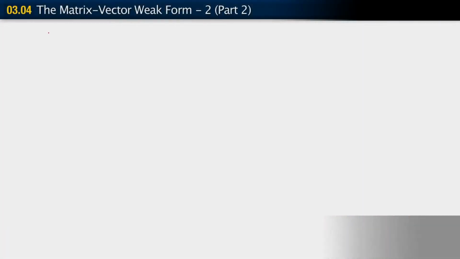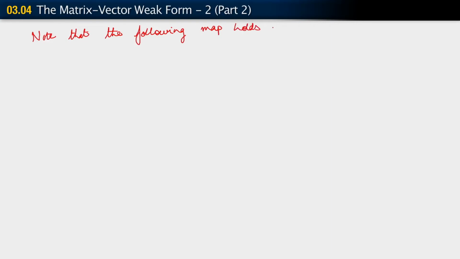Okay, so note that the following map holds between local and global node numbers or local and global degrees of freedom.